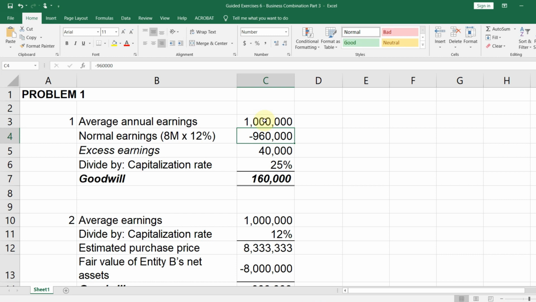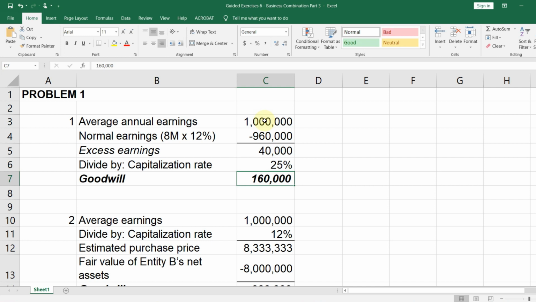So ikaw, nag-earn ka ng 1 million, ang normal is 960,000, you have excess earnings of 40,000. Sabi, goodwill is based on excess earnings capitalized at 25%. So divide natin siya by 25%, makukuha mo yung goodwill na 160,000.